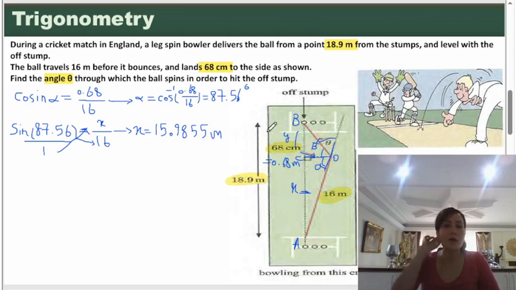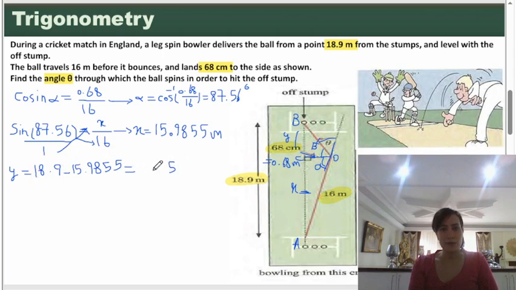Now I will go to find y. To find y, as I said, y equals 18.9 minus 15.9855, which gives me, if I subtract it, 2.9145.